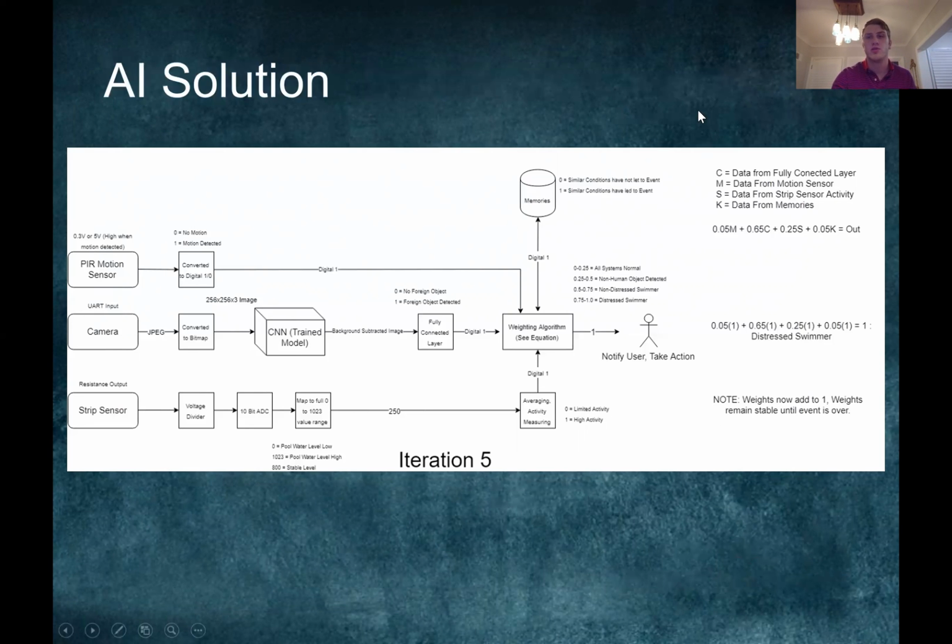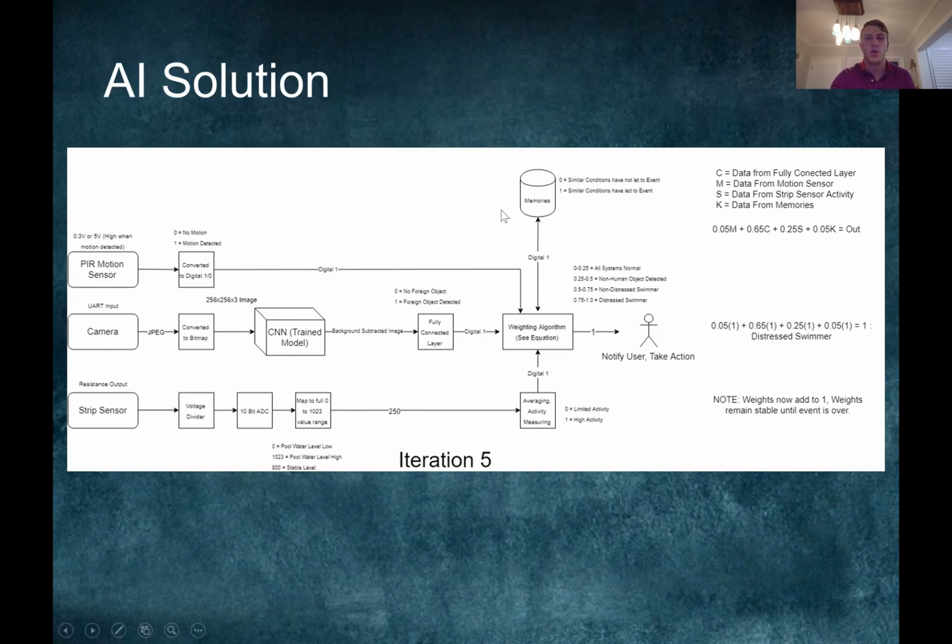Part of our AI solution includes using memories. This memory system works by both storing the data that we're receiving when there is an event such as a distressed swimmer, and using that same memory store to basically say, oh, there have been similar conditions that led to an event prior to this. When those similar conditions occur, the memories will provide a digital 1 to say this has happened before.